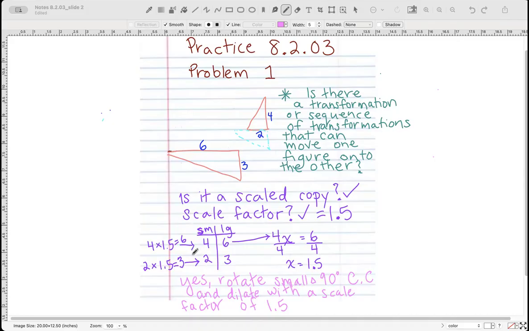Okay, so we know 1 times 2 is 2, and then we have 2 times 2 equals 4, and then let's double check. Okay, so if we do this one, that's 3 and 4. So 1x equals 2, x equals 2.